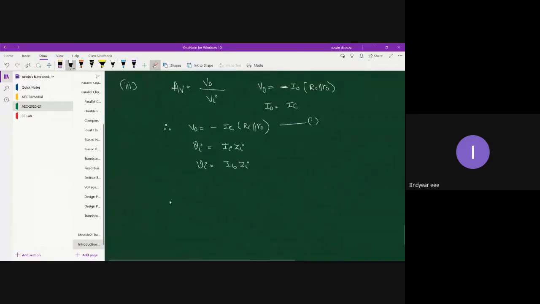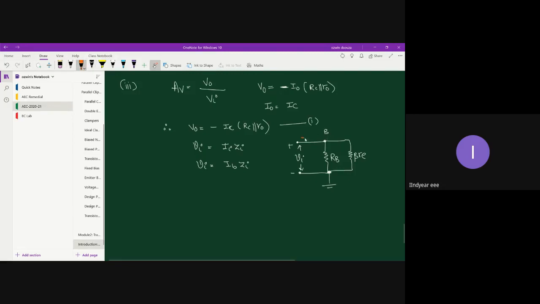Let me just recreate the scenario. Let me spend more time clarifying things, because this is very crucial to understand future circuits. What do we have here? We have RB and we have beta RA, and this node is grounded. This is my base terminal.